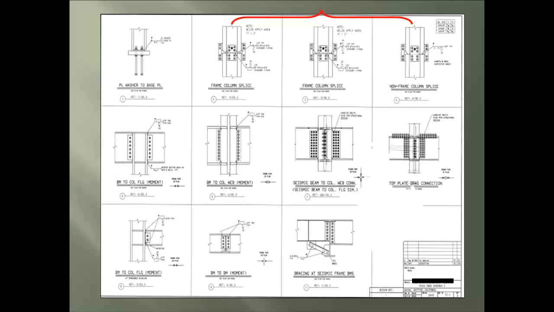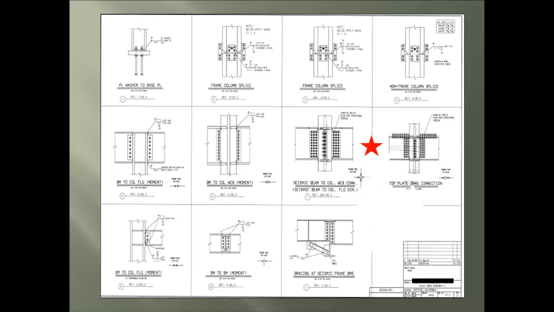Next are 3 details that cover the welding of column splices, both moment frame and non-moment frame. The box reveals the details used for welding the moment beam to both the moment column flange and web. Can you see the continuity plates?